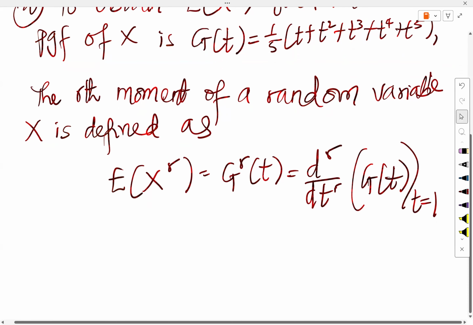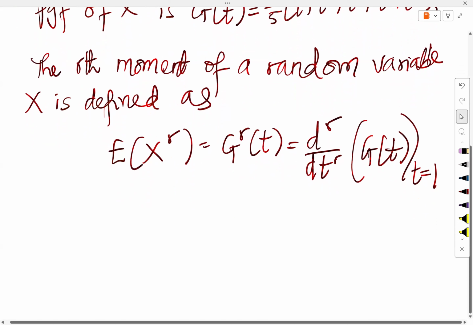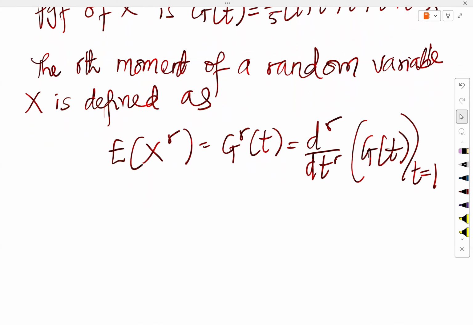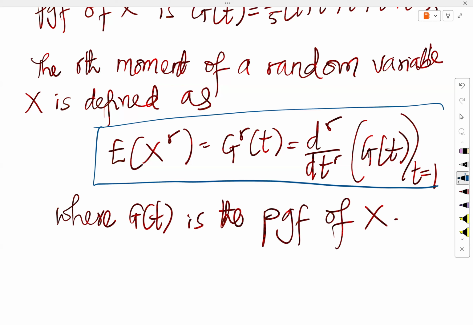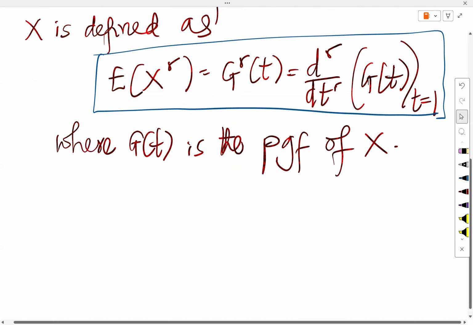You know, when we are looking for the expectation of x, we differentiate and then we evaluate at t equals 1, or whatever the variable is. So in this case, it's clear that g of t is the probability generating function of x.